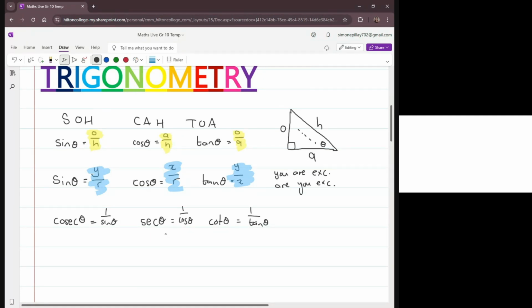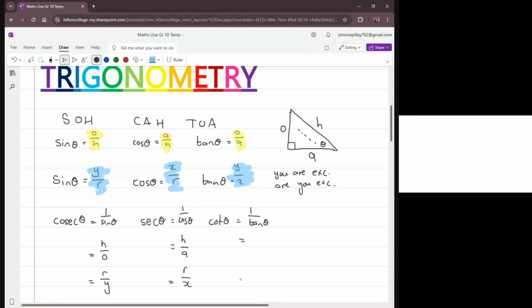So we could also say that the inverse of sine is h over o, or we could say it is r over y. And sec, if it's the inverse of cos, is h over a, or r over x.